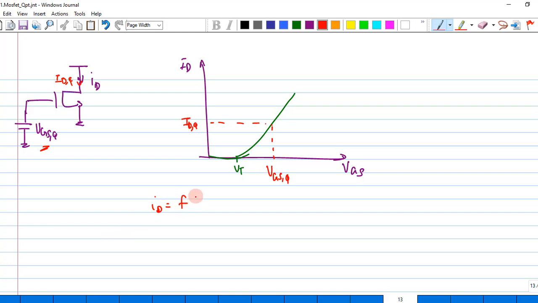I have a function, and that function takes in the value of VGSQ. For a given value of VGSQ, I know this IDQ. Now, with that known knowledge, can I construct the entire graph or not? Yeah, without a Taylor expansion.